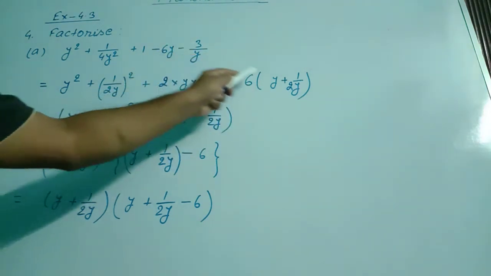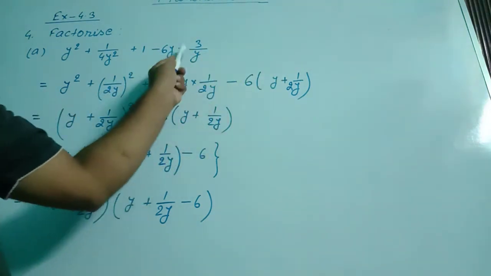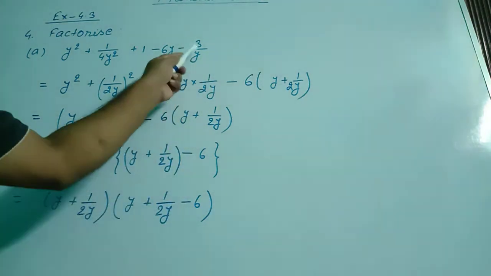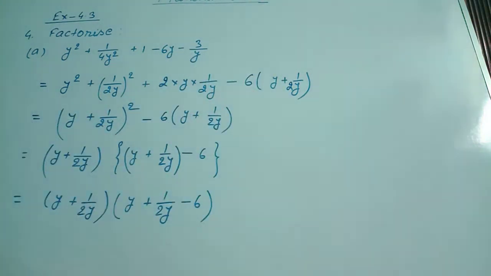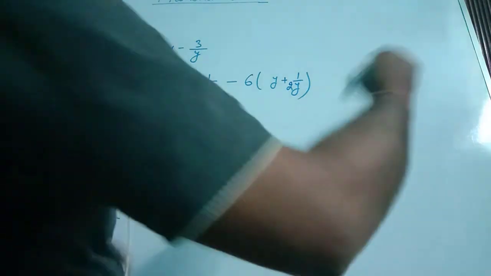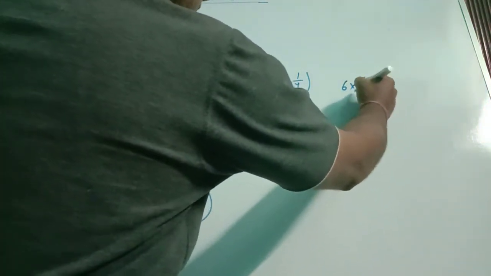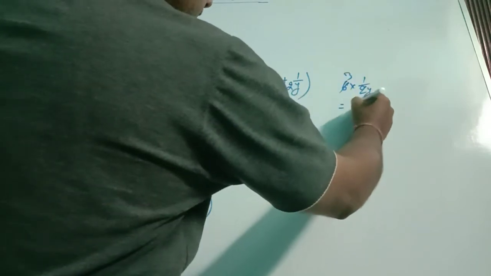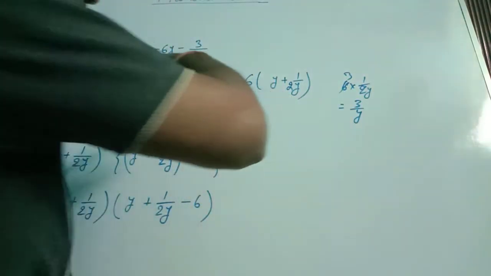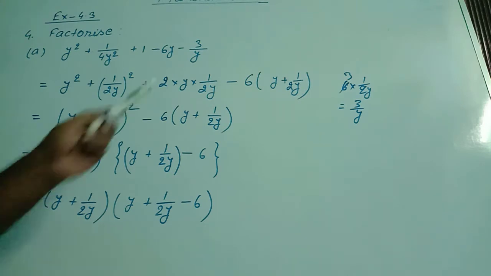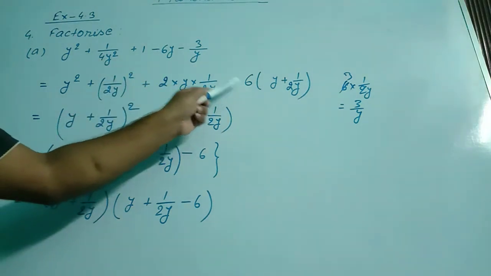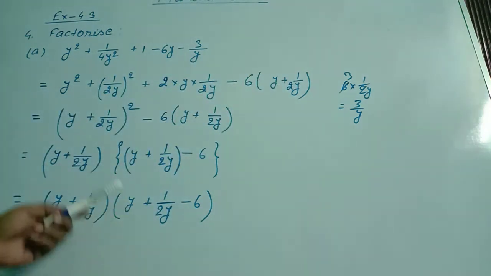This minus will be changed into plus because minus into minus is plus, and at this place 1 by 2y will come, because if you see the simplification, 6 into 1 by 2y, then 2 threes are 6, this became 3 by y. So I have written this in this way, minus 6 common, y plus 1 by 2y.